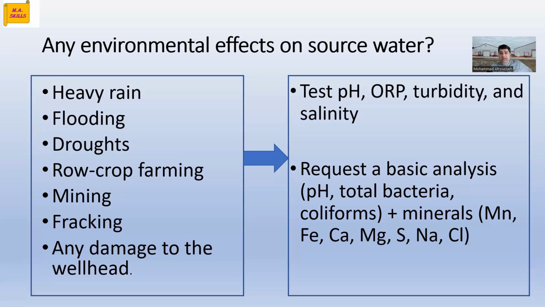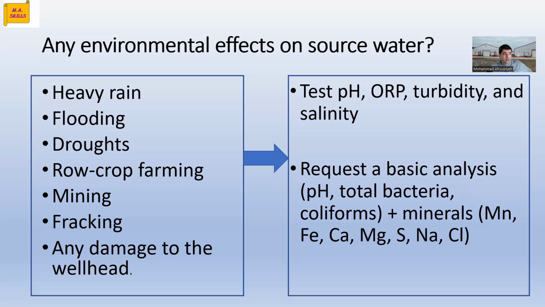Turbidity and salinity. These are some tests that we need to run on our water on farm. Then we need to send out our water sample to a lab and request a basic analysis. Basic analysis is like pH, total bacteria, and coliforms.